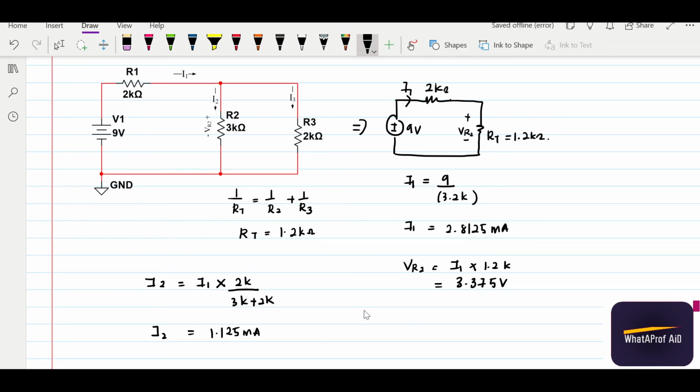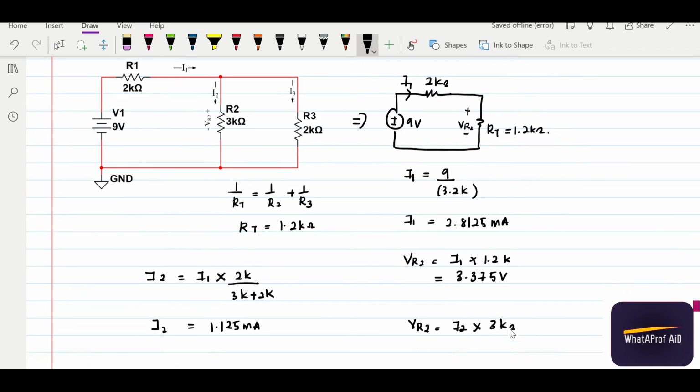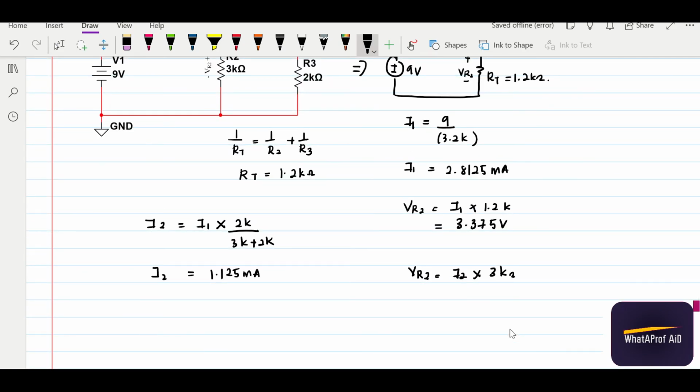We also can cross check the answer with this current multiplied with R2. VR2 equals to I2 times 3k. So we get the same voltage, 3.37 volt.